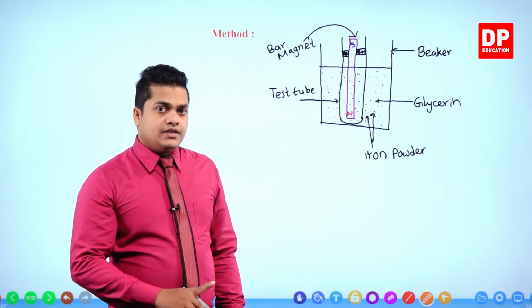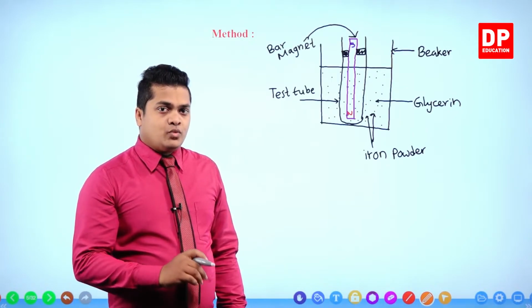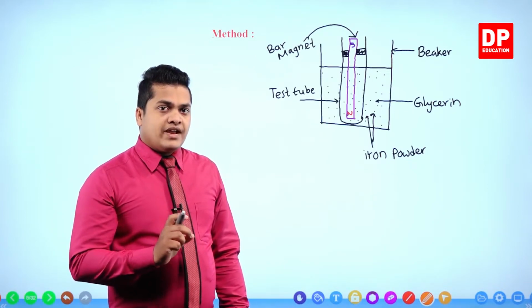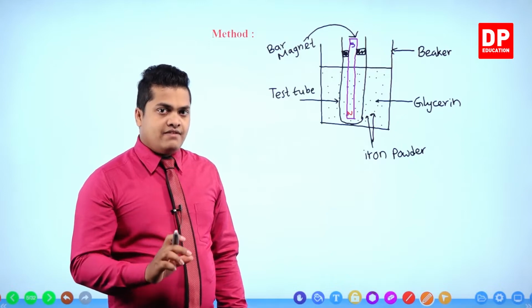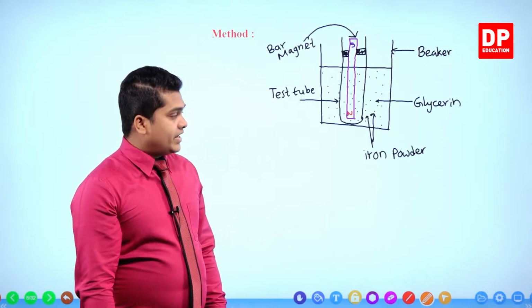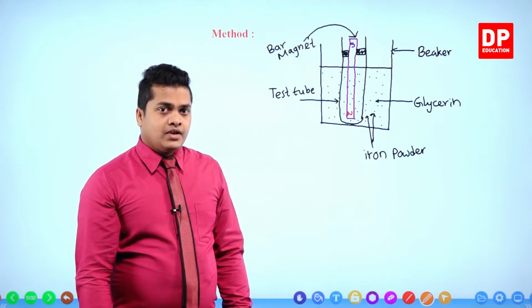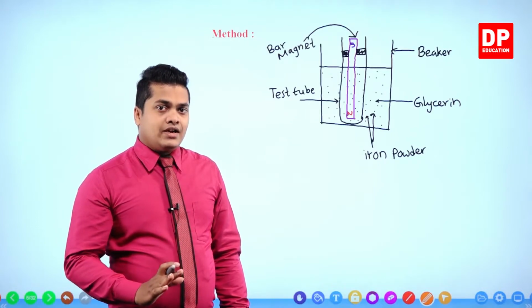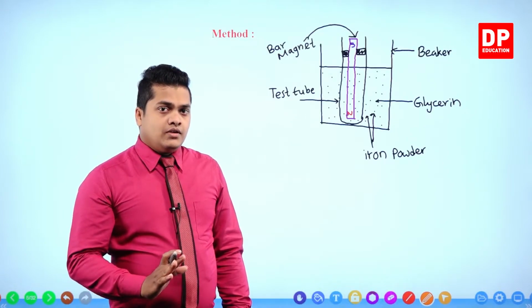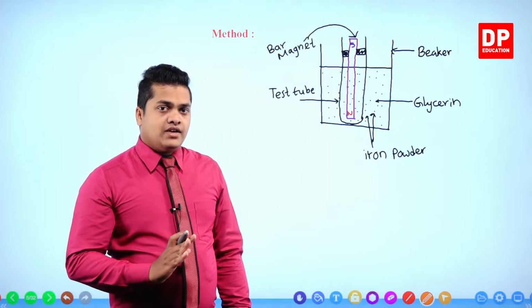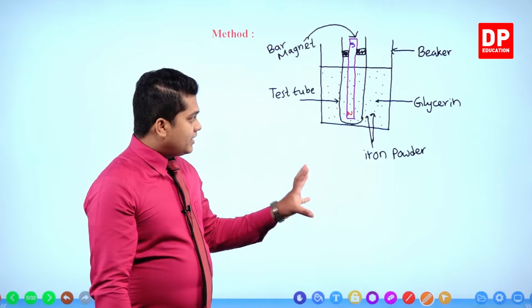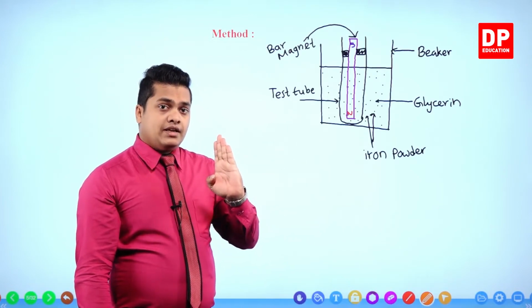Like in the earlier activity, in which we used white paper to observe the magnetic field, in the same way this iron powder is going to arrange in a certain pattern around the bar magnet within the test tube. So it is clear to us that this magnetic field or magnetic power is going to arrange around the bar magnet in a three-dimensional array.